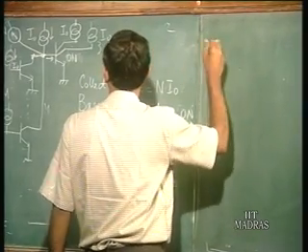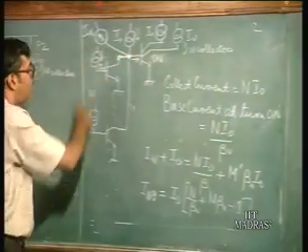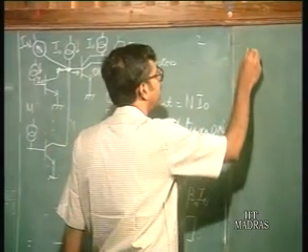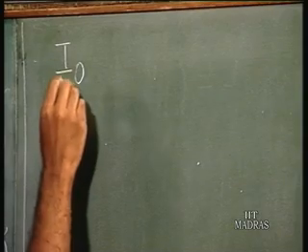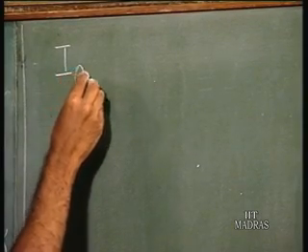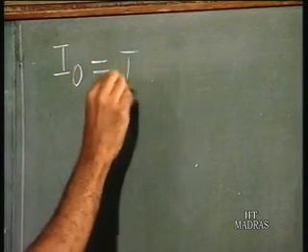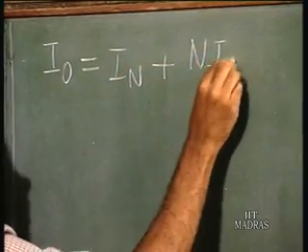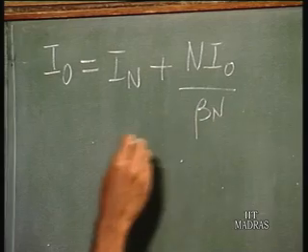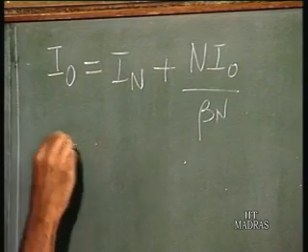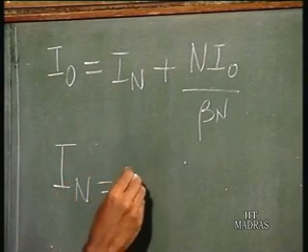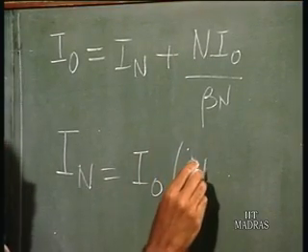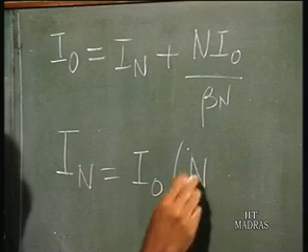Again if you write the nodal equation at that point, all these transistors are off, so they do not contribute to any current. So, the current flowing in I naught is equal to I n plus n I naught by beta n. So, we have I n equals I naught times one minus n by beta n.